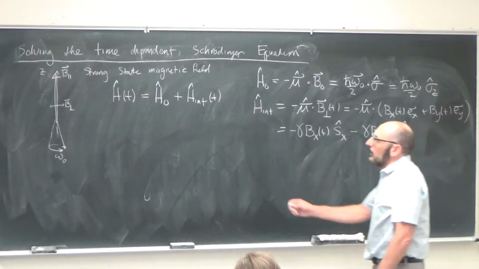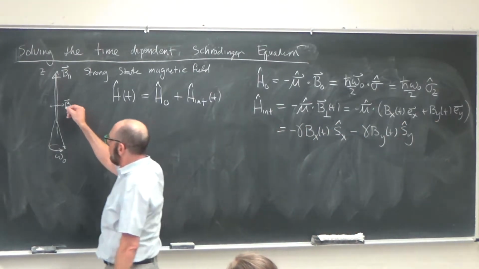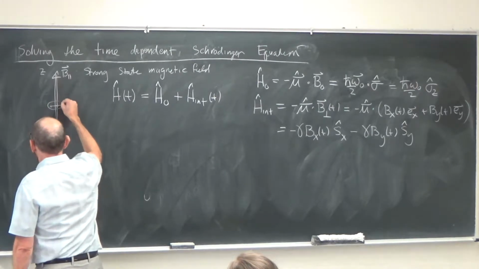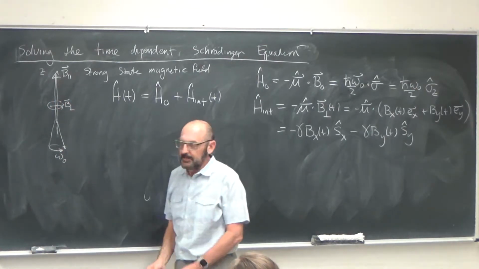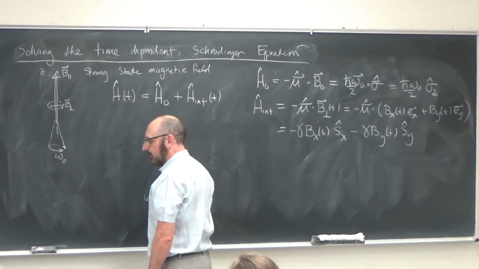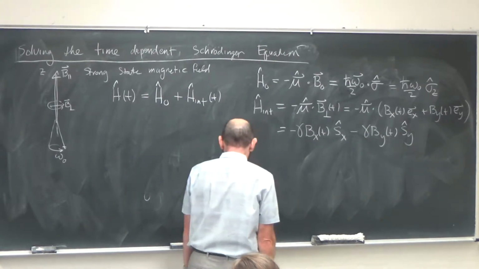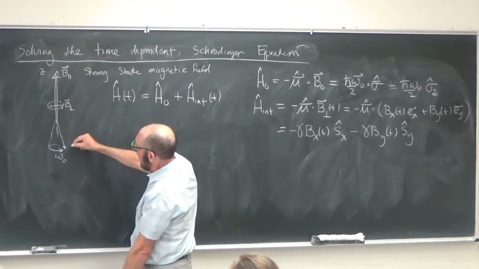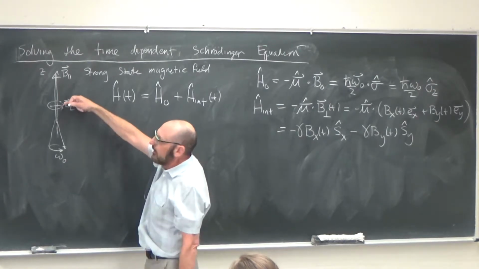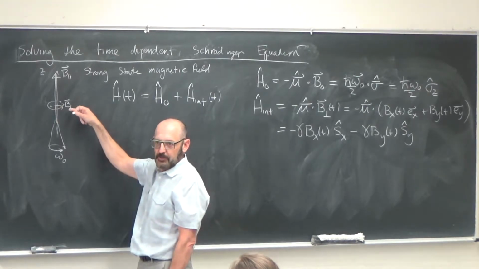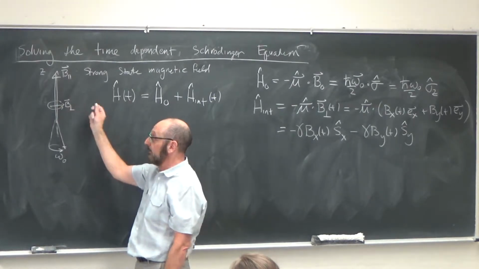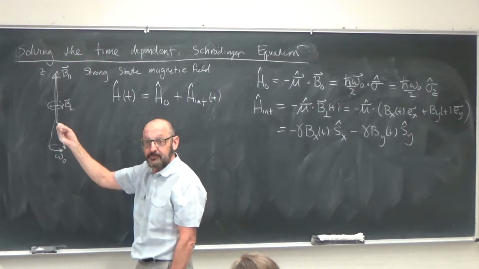Well, the best thing to do is to make this field itself rotate in the xy plane. So here I am, I'm the spin, I'm precessing. At every point, I would see in my reference frame this transverse field, which isn't moving if it was precessing at exactly the same frequency.